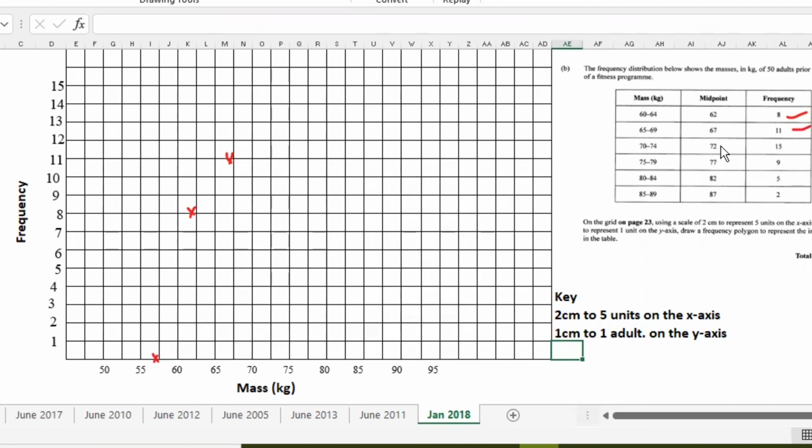The next one would have been 72 with a frequency of 15. The next would have been 77 with a frequency of 9.